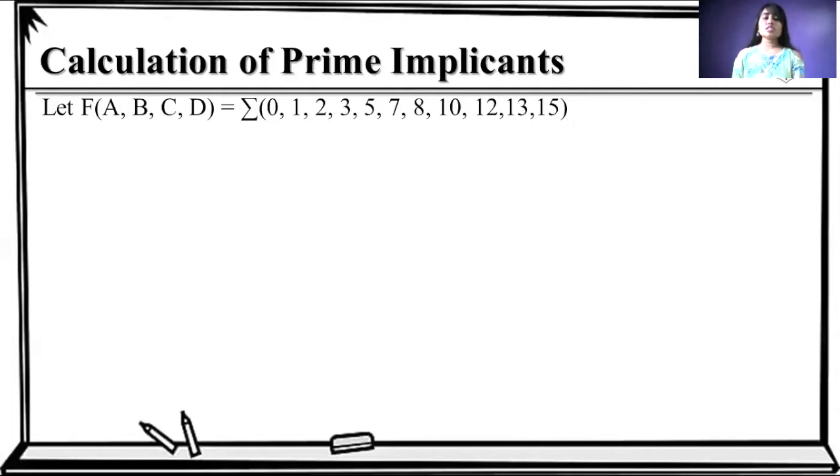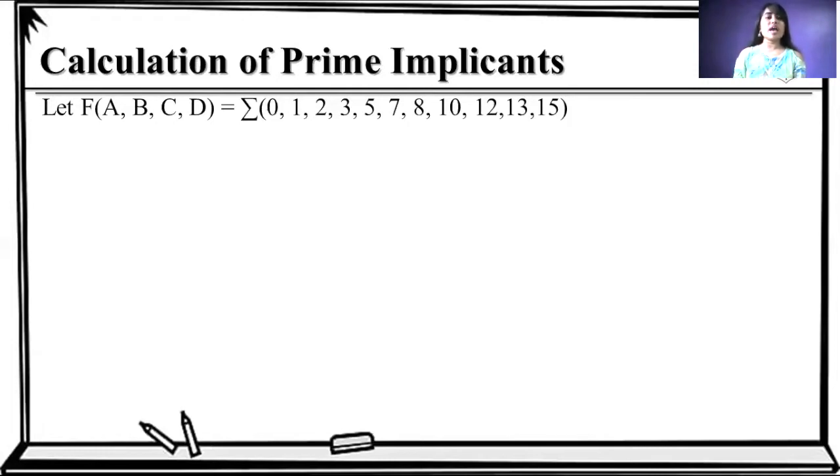First step, make groups according to the number of ones present in the terms represented in the function. So here we have 0. 0 has a binary representation in terms of 4 bits, as here we have 4 variables. So represent all these minterms, or say all these numbers, in 4-bit binary.